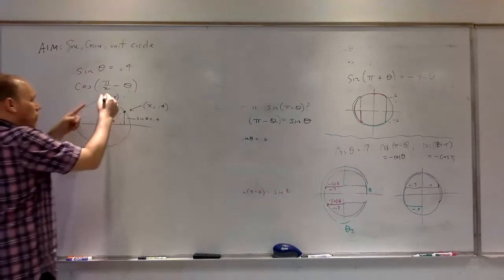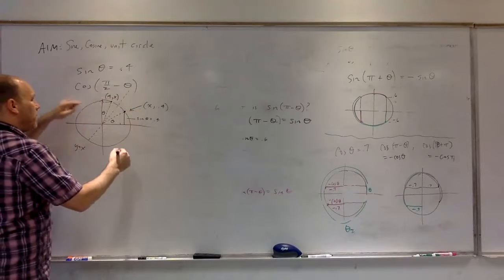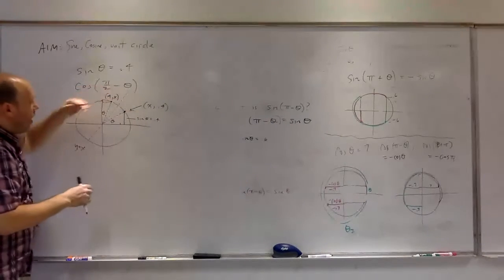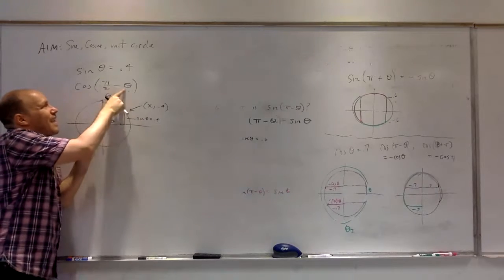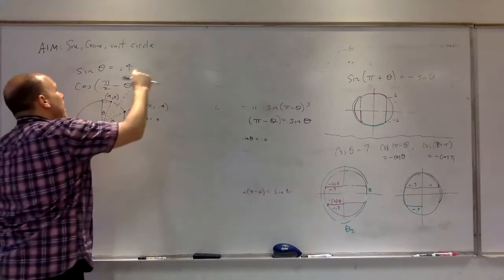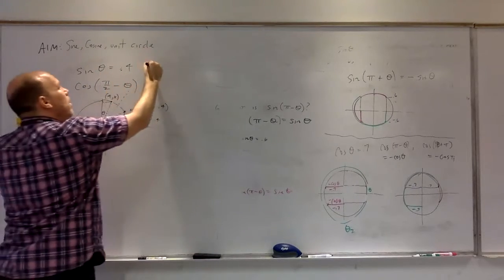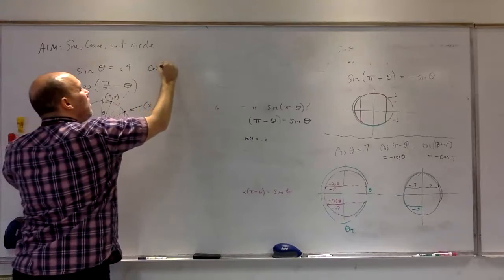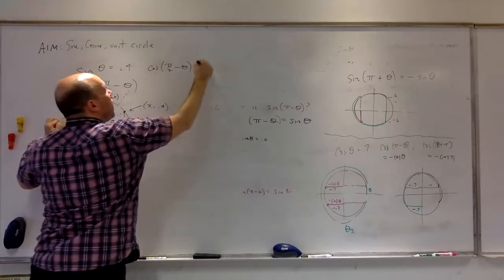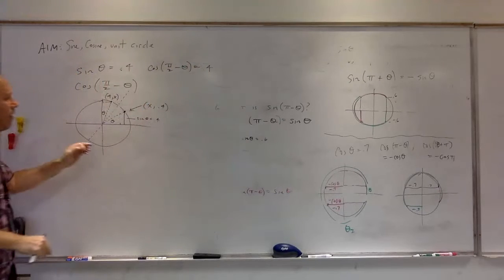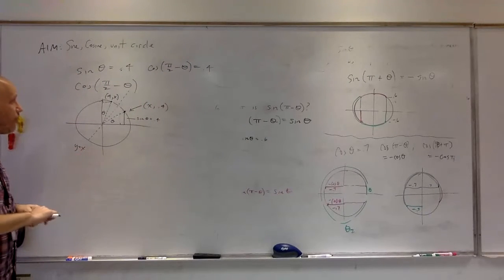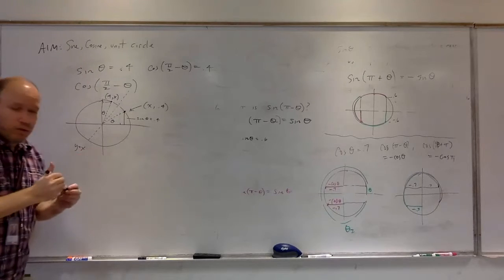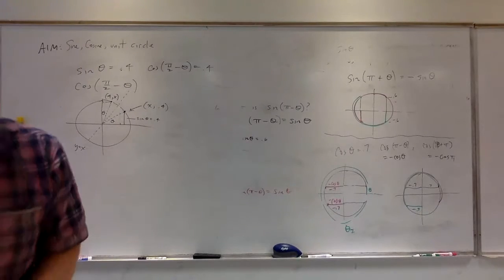And you can say, oh, that actually is 90 degrees minus theta. And so if sine of theta is 0.4, the cosine of 90 minus theta is also equal to 0.4. That's why we teach you this. Nice.